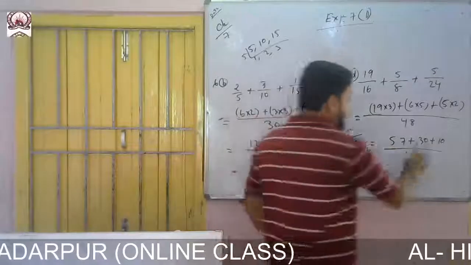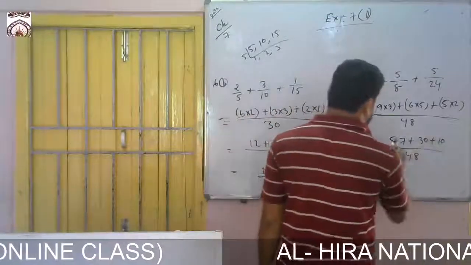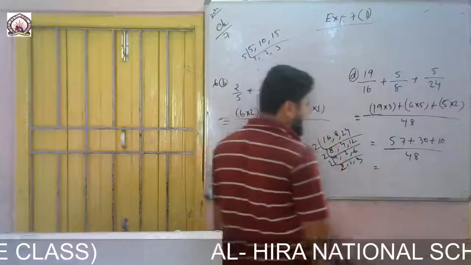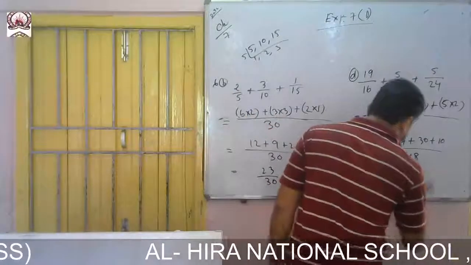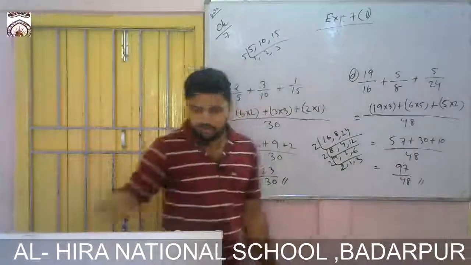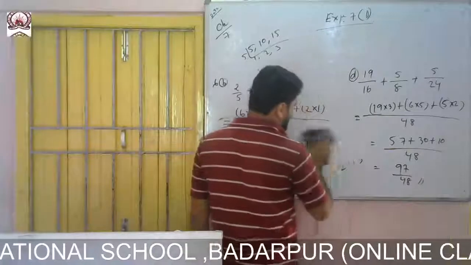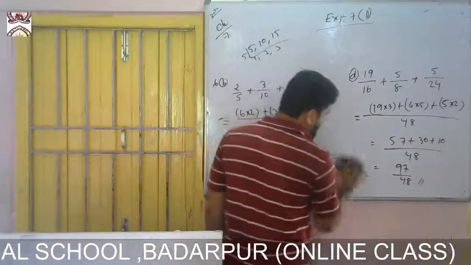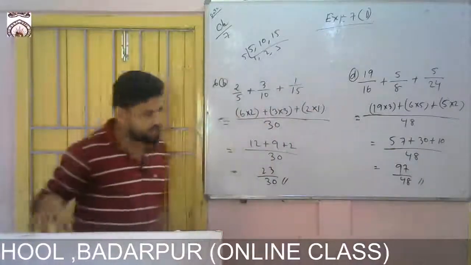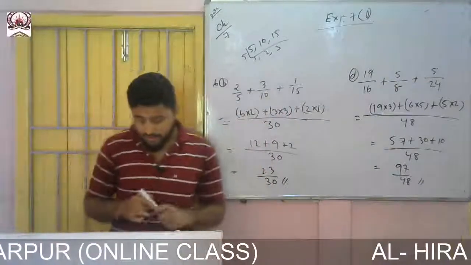Now add 30 plus 10, it is 40. 40 plus 57 is 97. So it will be 97 by 48. So that is the required answer.